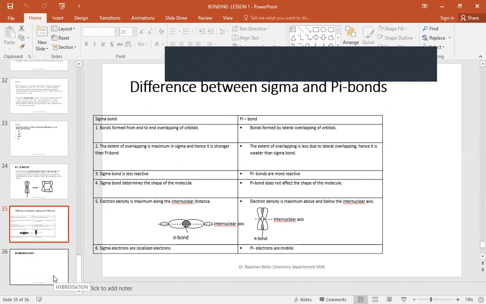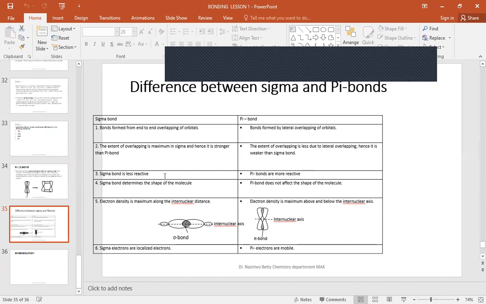Differences between a sigma bond and a pi bond can be generated from the discussion you have had. We said the sigma bond is formed from end-to-end overlapping, while a pi bond is formed by lateral overlapping. The extent of overlapping is maximum in a sigma bond, and due to lateral overlapping, the pi bond is weak.